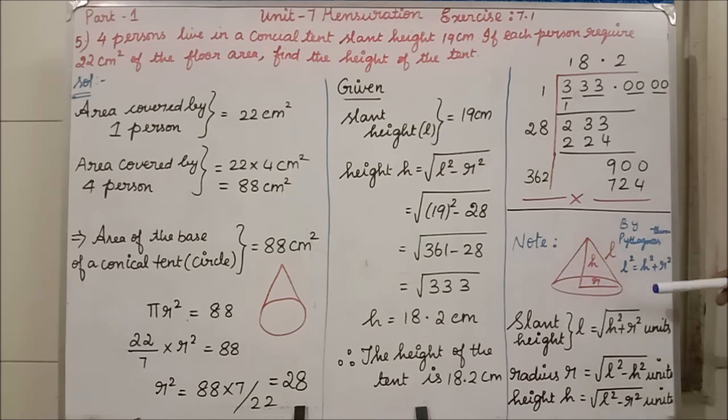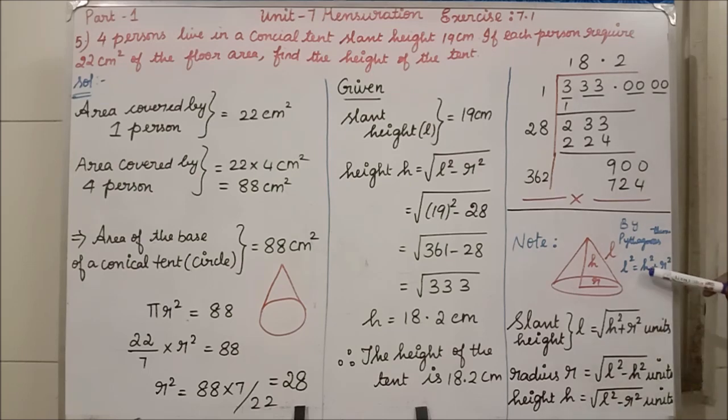Right angle triangle means we can apply the Pythagoras theorem, isn't it? According to the Pythagoras theorem, hypotenuse side square is equal to h square plus r square, I have written. From this, how I am finding the slant height L, radius R, height H: when I need only L, the square will become square root.